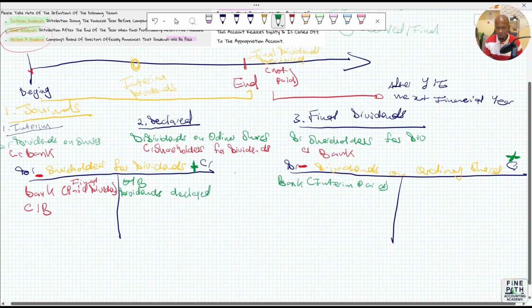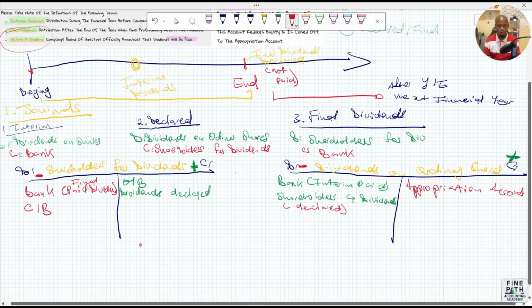With our shareholders for dividends. So there we would have our shareholders for dividends. So this would be your dividends which have been declared, the ones that have not yet been paid. And then this account will be closed off to our appropriation account. And then we would look at what this account does towards the end of our videos.